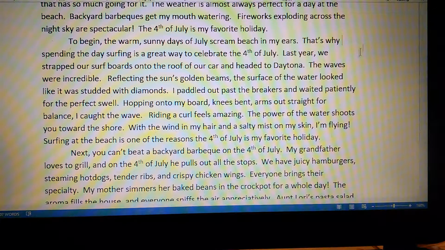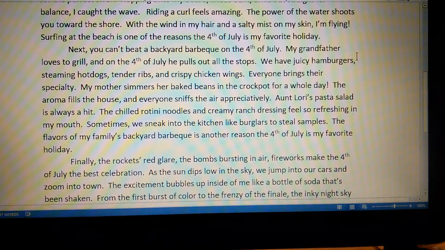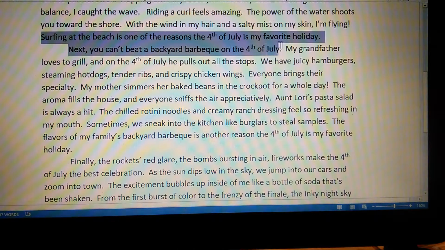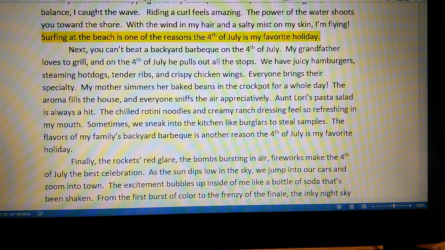But please notice the way in which this body paragraph concludes. The concluding sentence in each of the body paragraphs should remind the reader of two things. First, the reader should be reminded what the author has been discussing in the main idea paragraph. And second, the writer should link that somehow to the thesis statement.